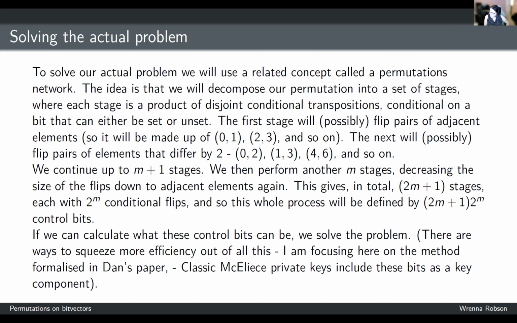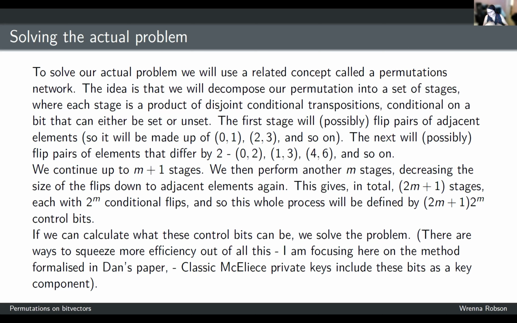Again, I can do that flip without an if-then statement, using some kind of bit masking. The end result is that I take the 0th element and the first element, I check some bit, and I have an optionally flipped pair. Then I take the second element and the third element, and the 4th element and the 5th element, so it's adjacent pairs all the way down.